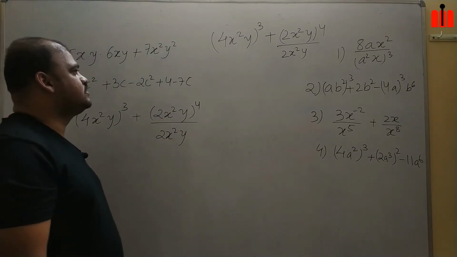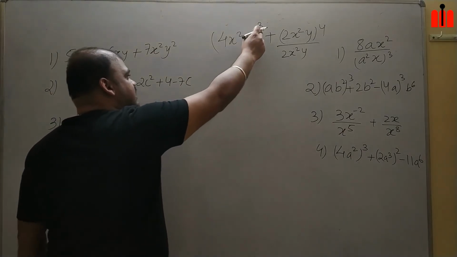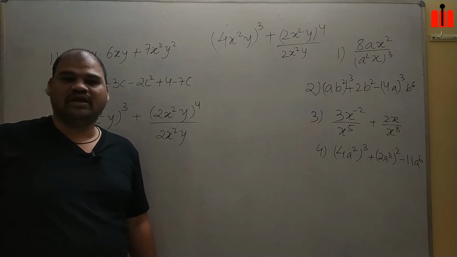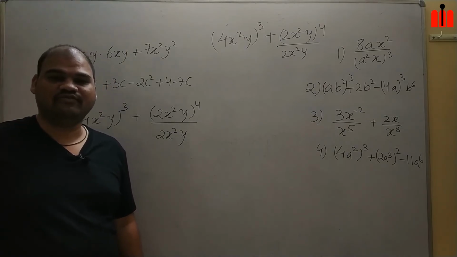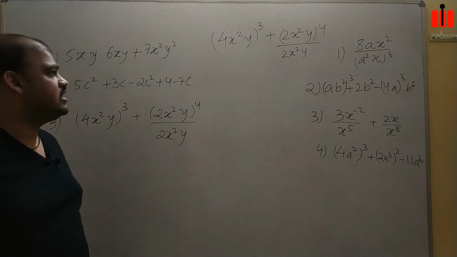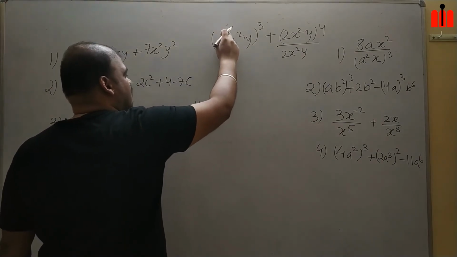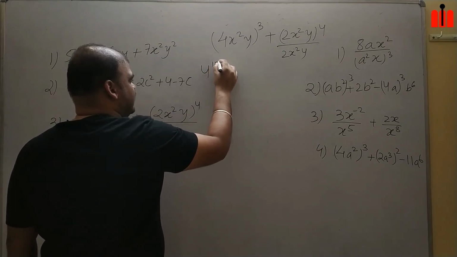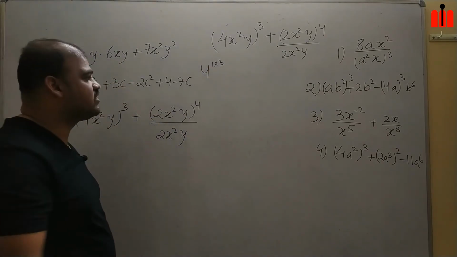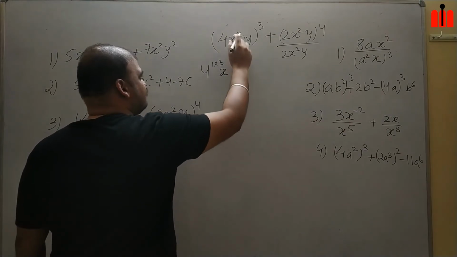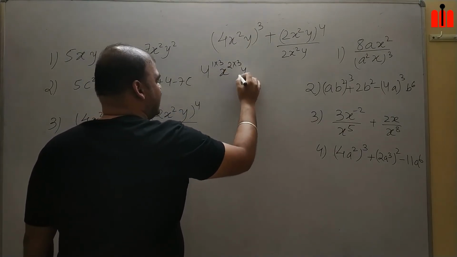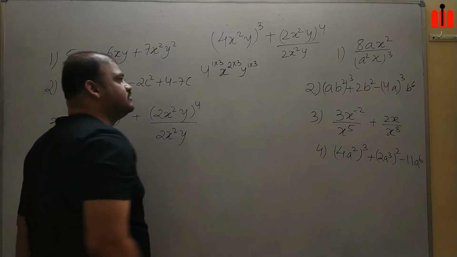Okay. So first it is whole cube. What I had told, a to the power of m whole to the power of n will be a to the power of mn. Okay, that was the formula. So a to the power of mn: 4 to the power of 1 into 3. Now it is cube for x square also, so 2 into 3, and y to the power of 1 into 3.